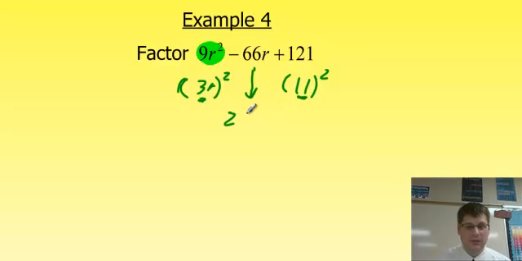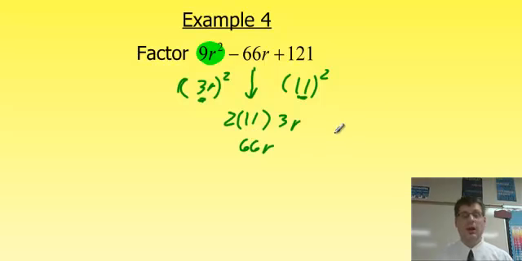It doesn't matter, I'm going to put the 11 first, and then 3r, because the r is in the back anyway. So 2 times 11 is 22, and 22 times 3 is 66. So that in fact does equal 66r. So it meets all our criteria.